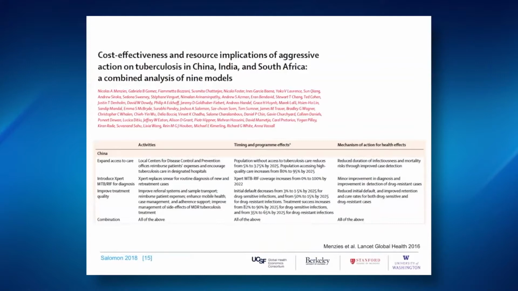And the point that was made well by Nick Menzies and others was the point that I was just offering to you, that coverage is not just a control dial, and that costs only make sense to assign to specific programmatic activities. And so you can see here that activities needed to be mapped to strategies and to the program effects via some specified mechanisms of action, which I think is constructive.